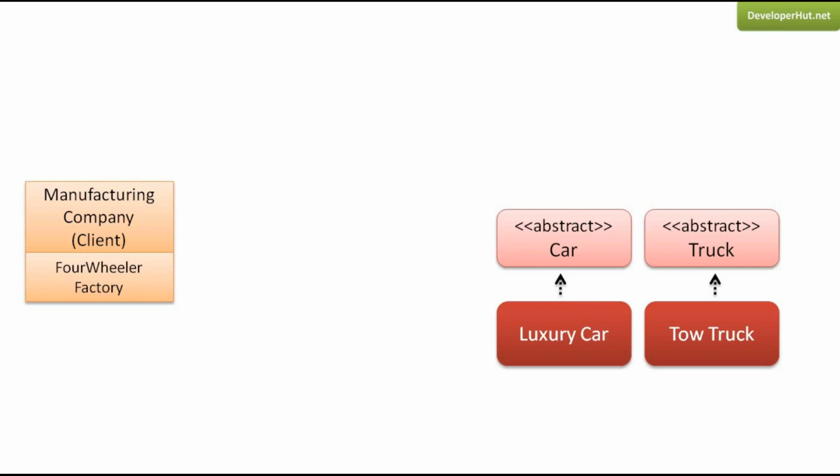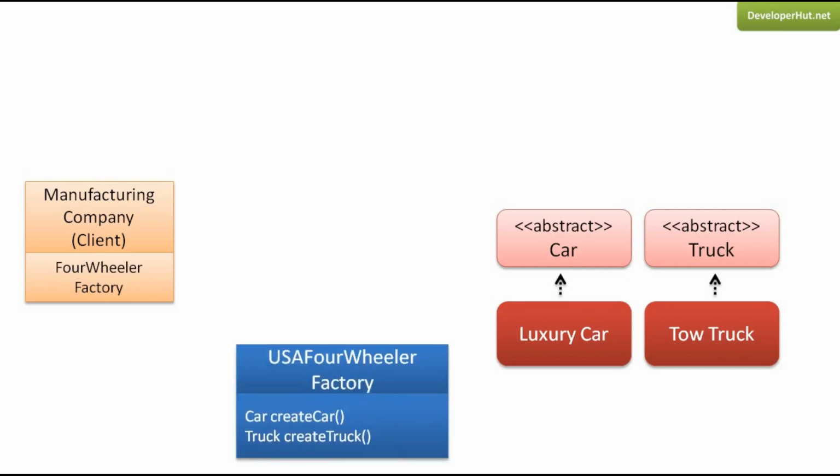So this client creates the USA four-wheeler factory, which is responsible for getting the objects of the luxury car and the tow truck. They are happy with this, getting the objects from the USA four-wheeler factory and selling them in the USA region.